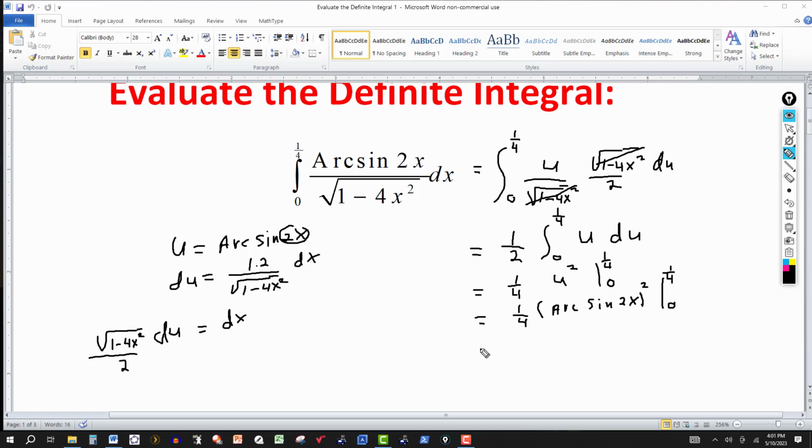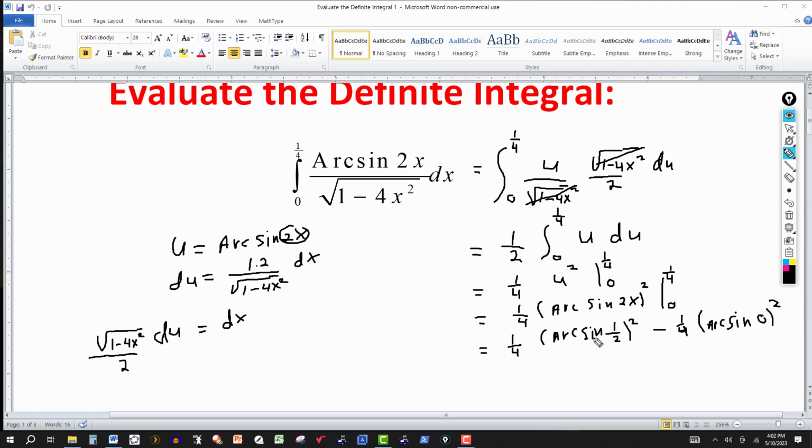So then we evaluate this at 1/4. So this will be arc sine, and put in the 1/4 where the x is. That'll give me 1/2 arc sine of 1/2, that's quantity squared, and then it's minus 1/4 arc sine of 0, that's squared.